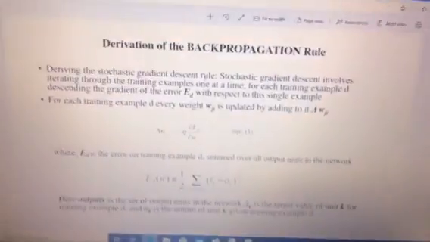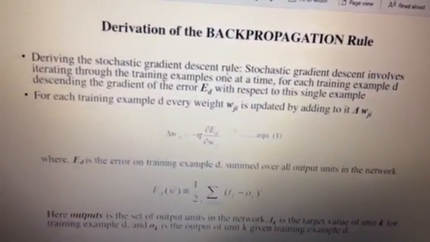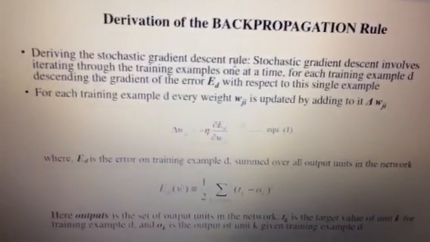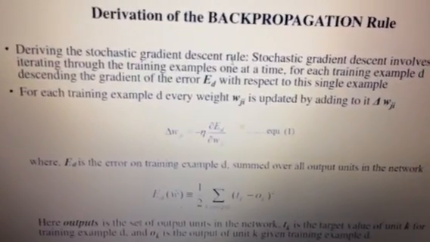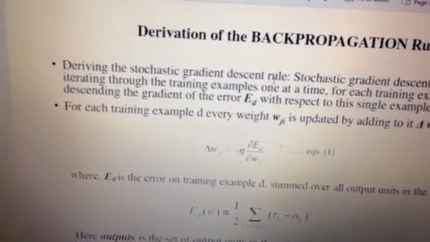So that's why here the delta wji is equal to minus eta, the differentiation of the error, that is Ed, divided by delta wji.